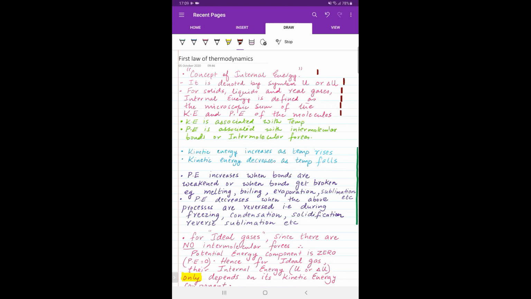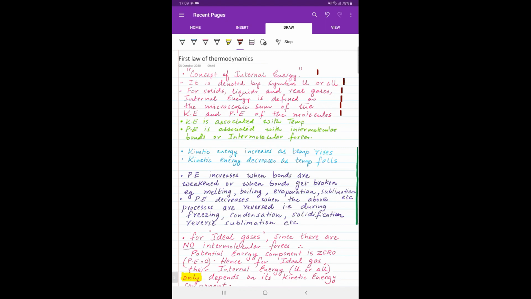We define internal energy as the microscopic sum of the kinetic energy component and the potential energy component of the molecules.